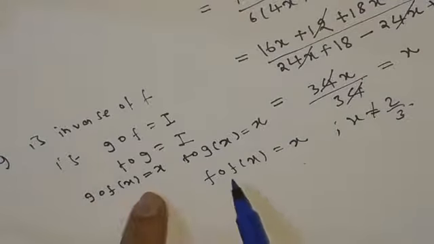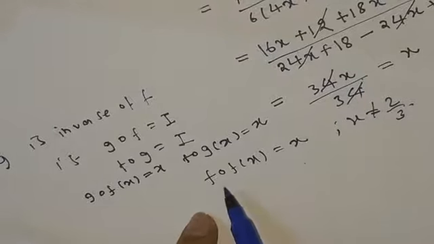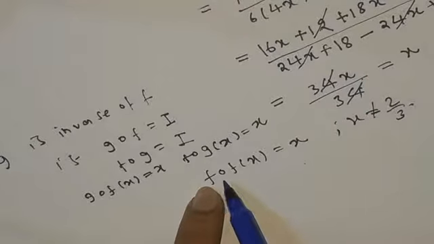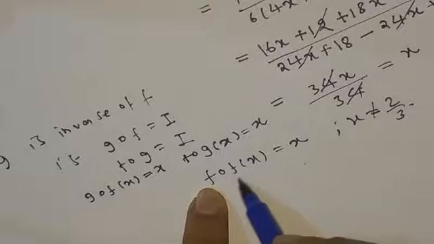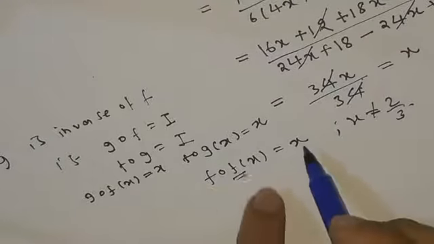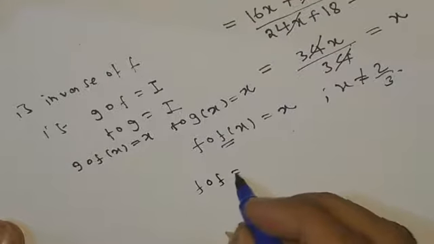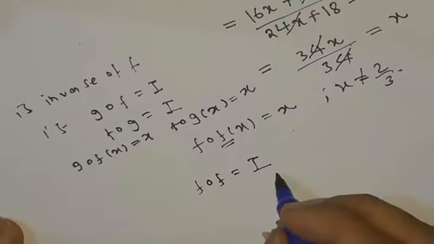Now here what happens is f composition f of x is equal to x. So that is, you are getting a function f such that f composition f is equal to x. That is f composition f is equal to the identity. Okay.